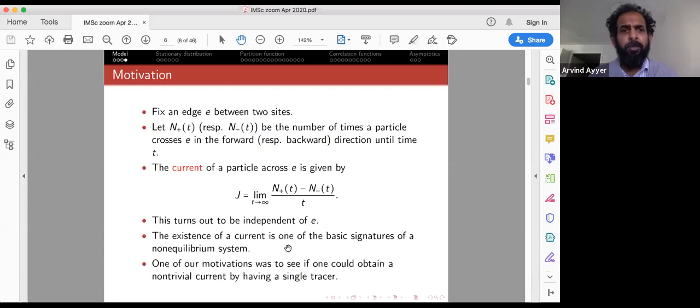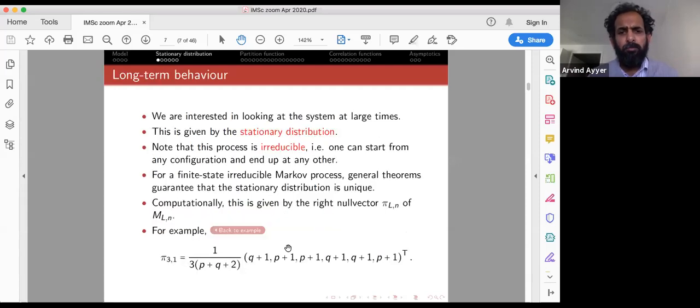So now let's see what this stationary distribution is. The natural thing to study is what happens to the system in the long time limit, as time gets larger and larger.